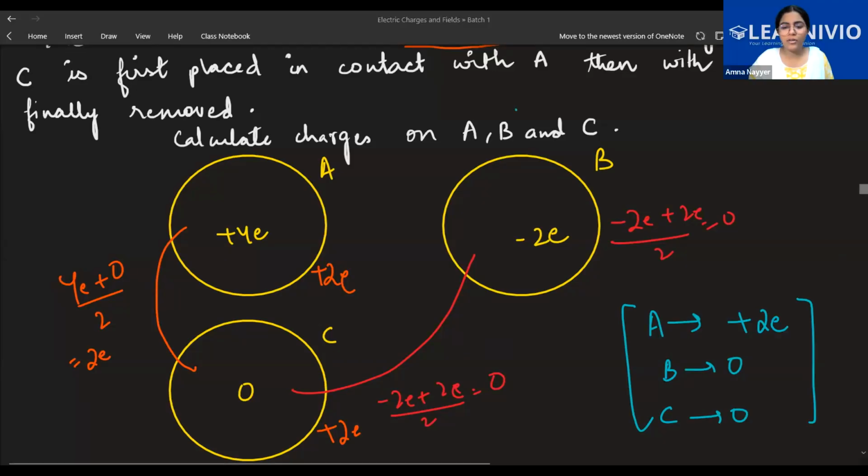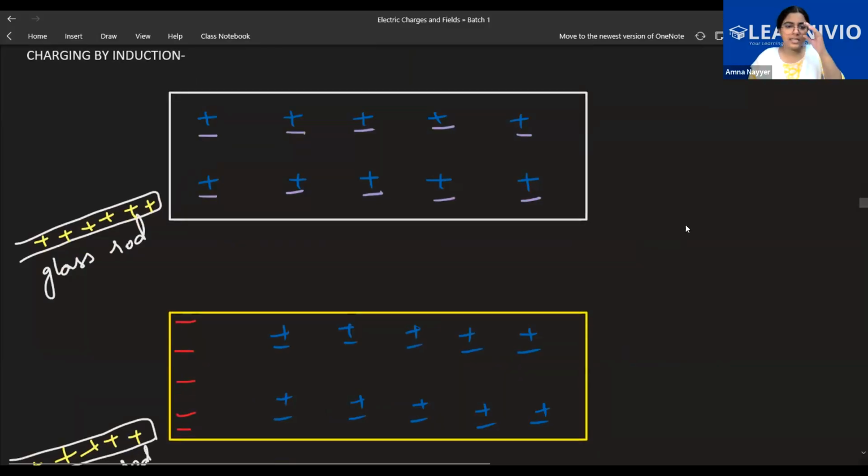Okay, Ali, the last part for today, charging by induction. We'll just discuss the theory part, and the numericals and questions we'll discuss tomorrow, since you'll be joining the batch tomorrow. See, in charging by conduction, what happens?